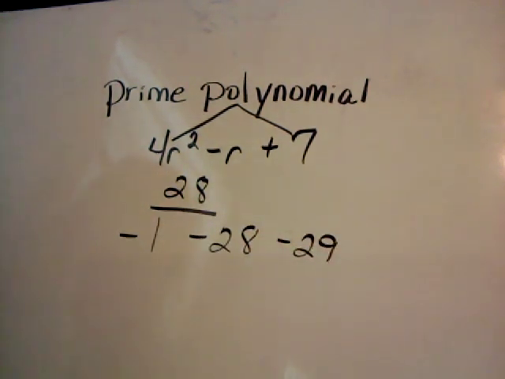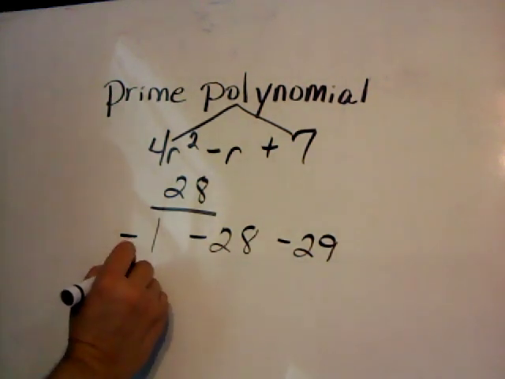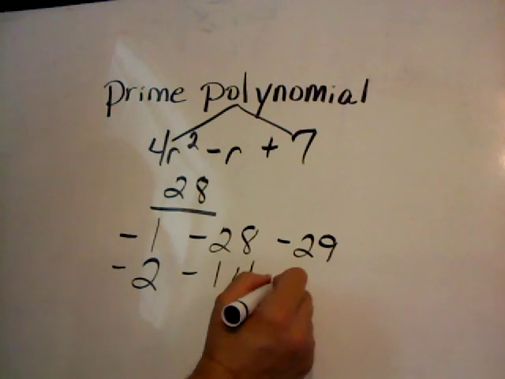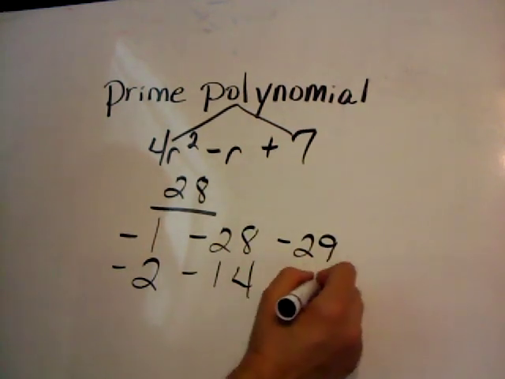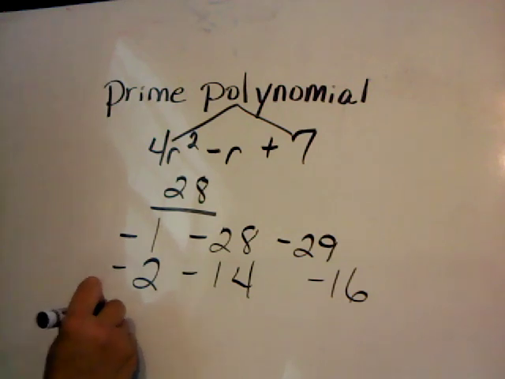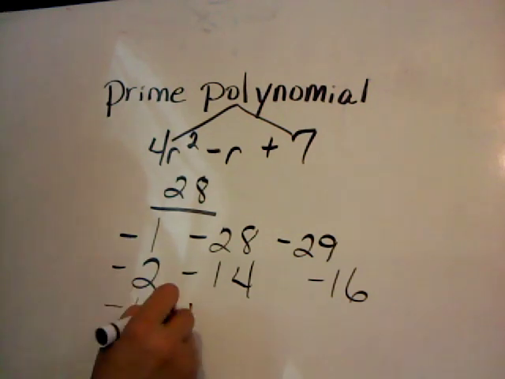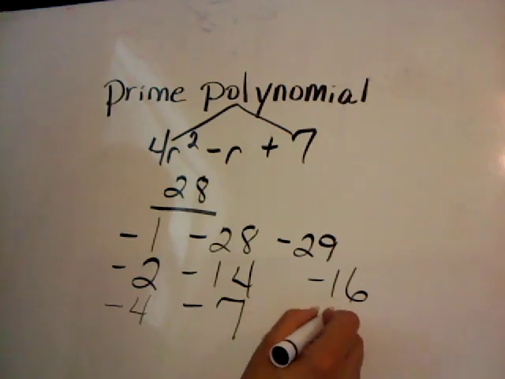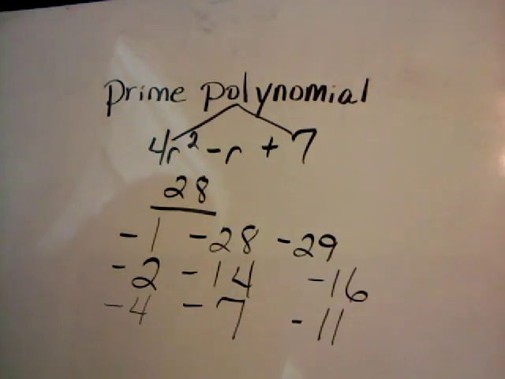Well, that's not going to work. And then I can have 2 and 14, and that would give me 16. That's not going to work. And I can have a 4 and a 7, and that's going to give me a negative 11. And there are not any more factors for 28.